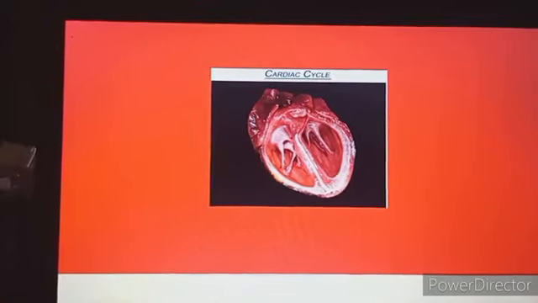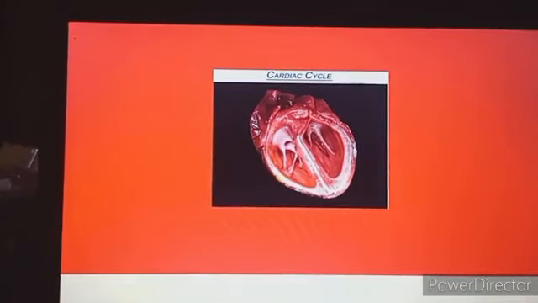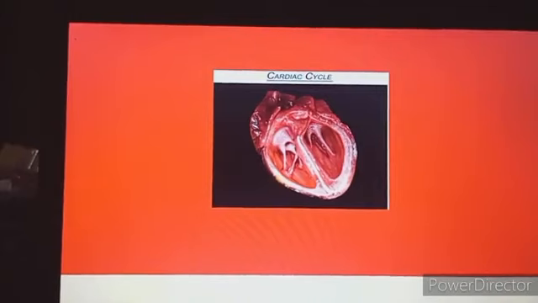So, now I'm going to show you a small video through which you can see how our heart pumps blood, what is contraction and what is relaxation, what is this continuous work of the muscles which make our heart.